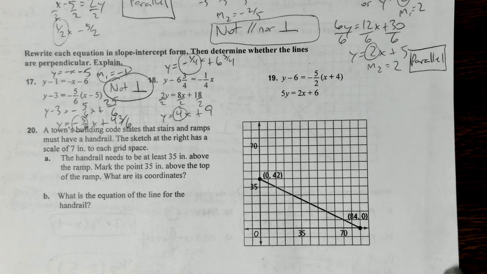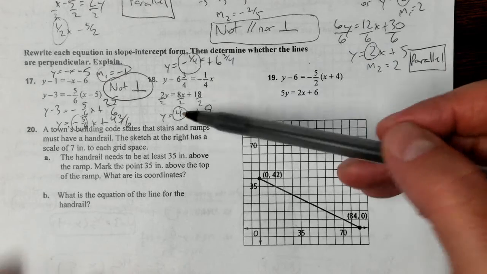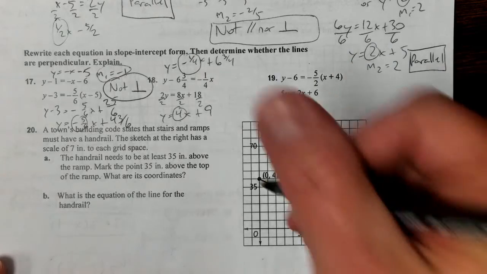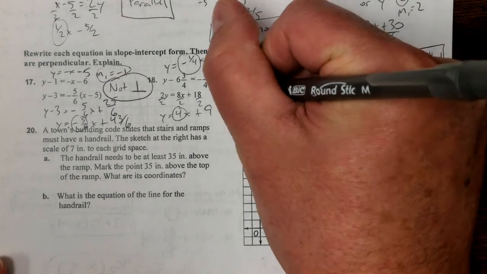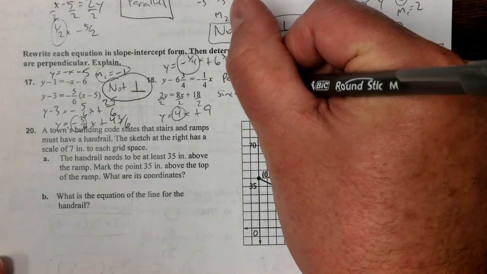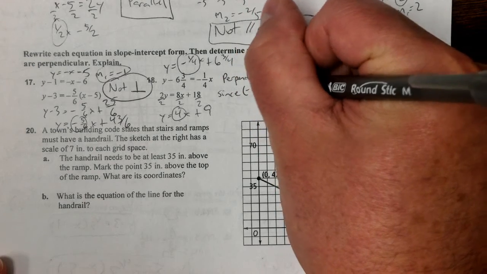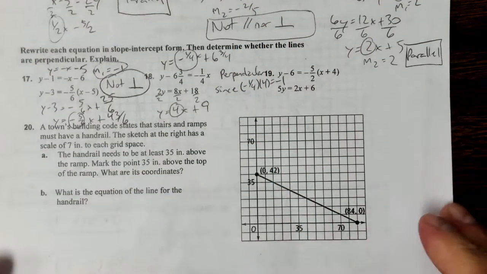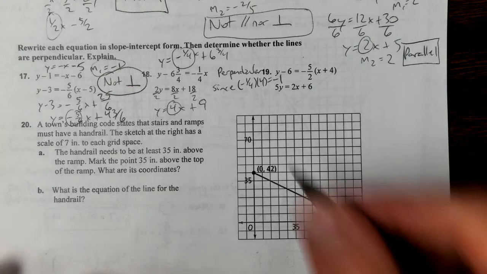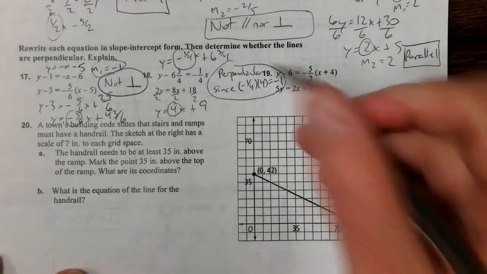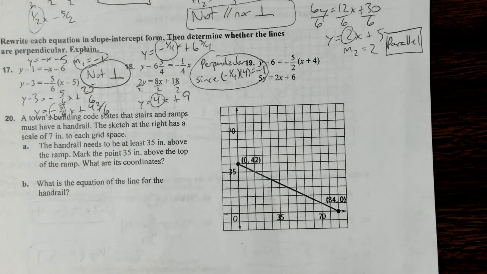And this one has a slope of negative 1/4. They are going to be perpendicular, since negative 1/4 times 4 equal negative 1. Or you could say, since they're opposite reciprocals. Any questions?